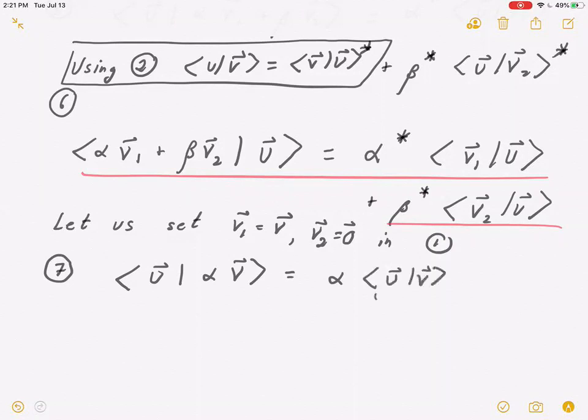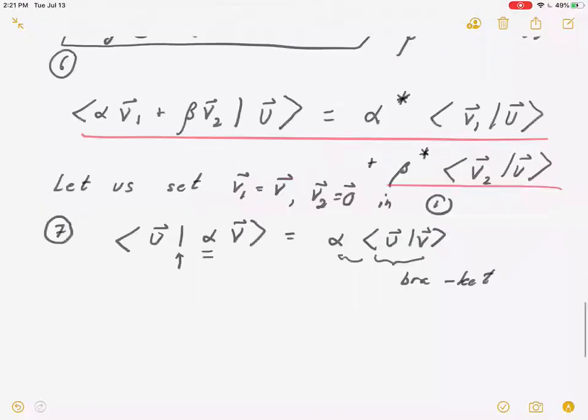Remember, this whole thing is a bracket in Dirac notation, and alpha just gets pulled out in front, provided alpha was to the right of this vertical bar. And so that's an interesting property.